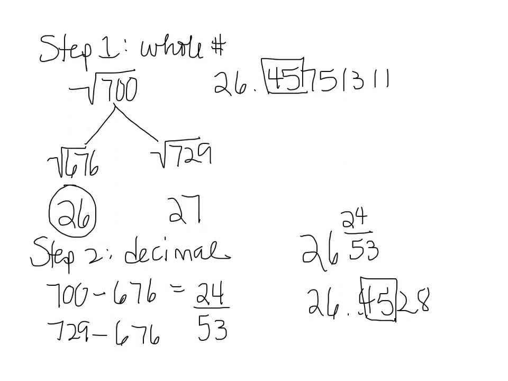Let me find a good one. 123. Step 1, we need to find our whole number. So the actual square root, so I know what I'm working toward, is going to be 11.090.